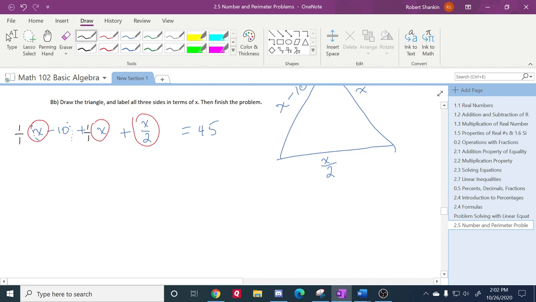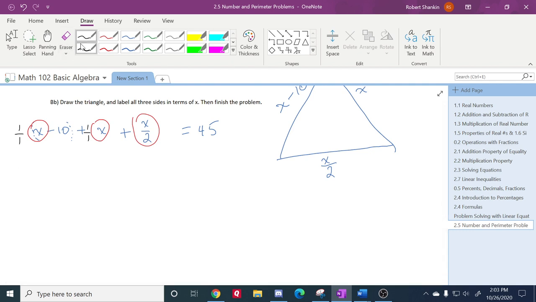This doesn't need to be multiplied by anything. And then you could add them together. Another way, we could just think of this as 1 plus 1 is 2, plus a half is 2.5. There's 2.5 x's. Another way to do it is turn this into a decimal. 1/2 x is the same as 0.5x. So 1x plus 1x plus 0.5x is 2.5x. All these different ways to do it.